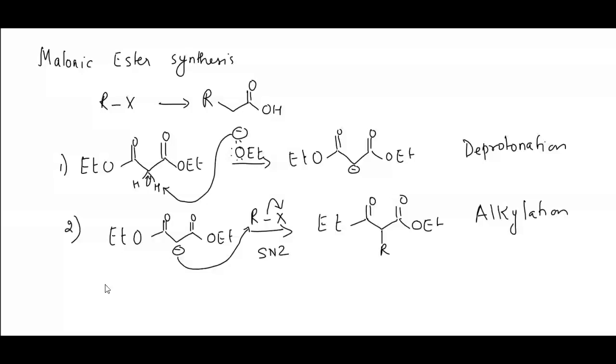Then finally the third step involves a decarboxylation. The compound that is formed undergoes a decarboxylation reaction to form the carboxylic acid, generating carbon dioxide. So we draw the compound we formed previously, which undergoes a hydrolysis reaction and a decarboxylation.